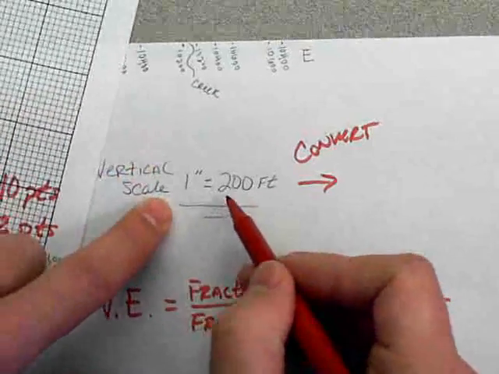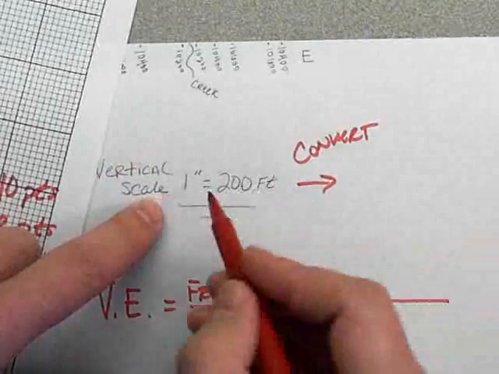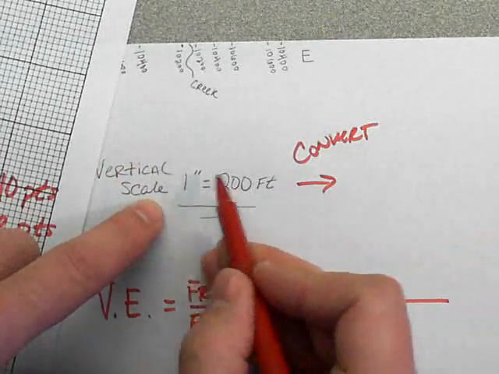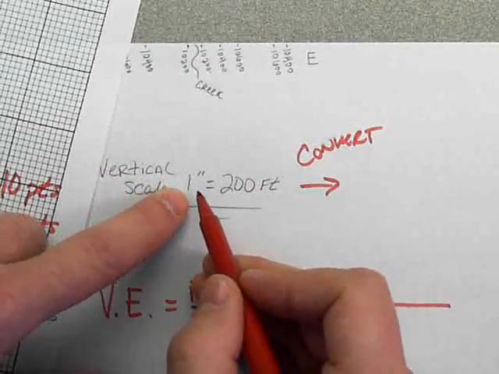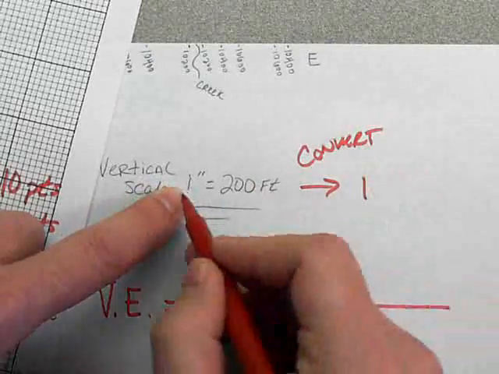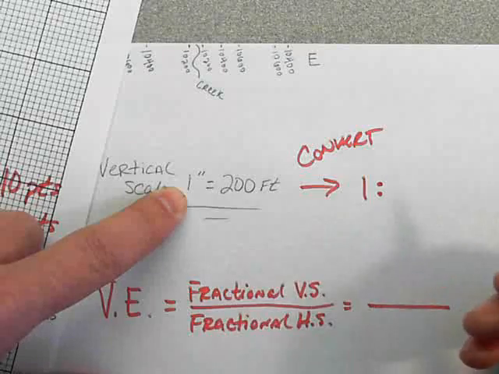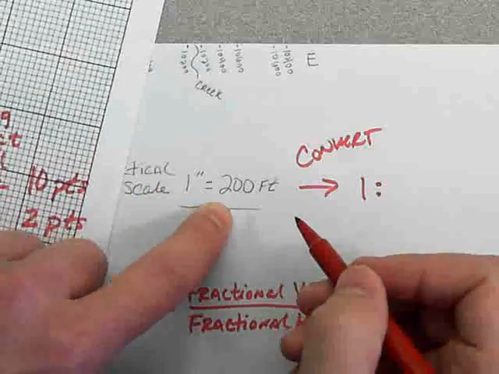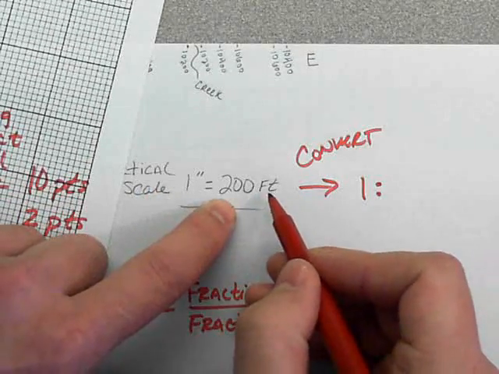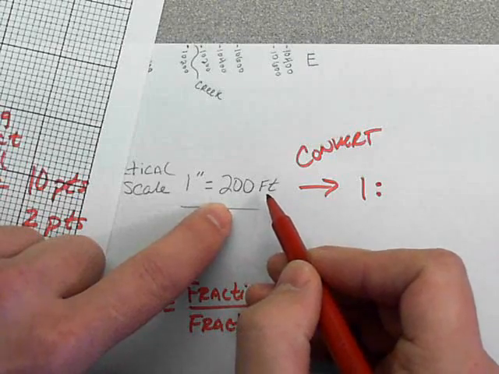In order to convert this verbal scale to a fractional scale, we have to make it so that it's inches on both sides. This one already has inches, so I'm just going to put 1. And then I'm going to replace the equal sign with the colon. Then I look at this: this is 200 feet. I want to figure out how many inches that is.